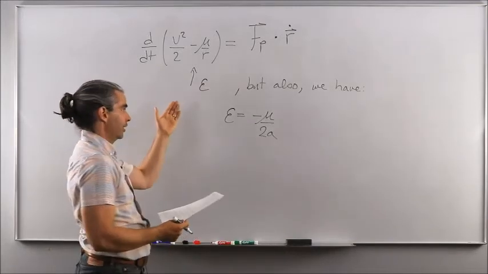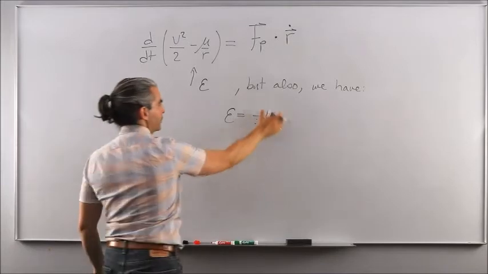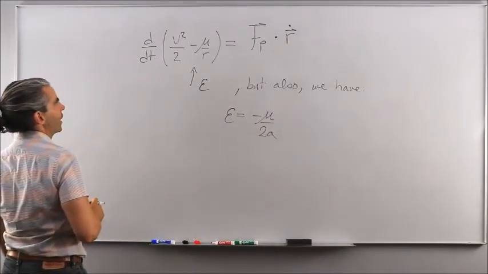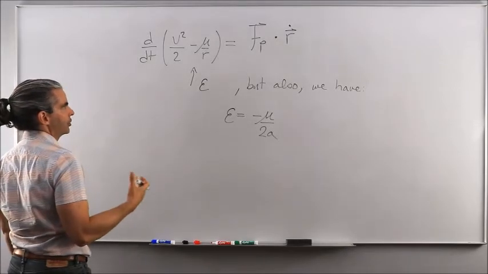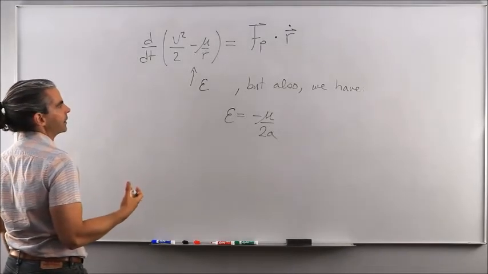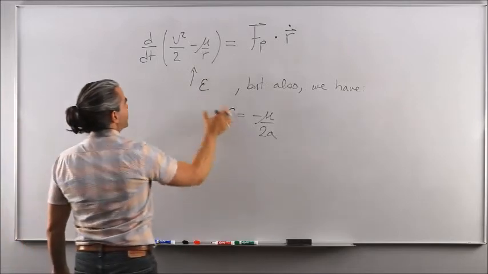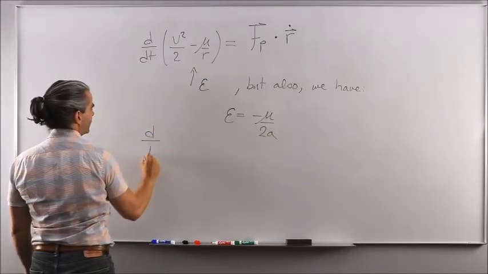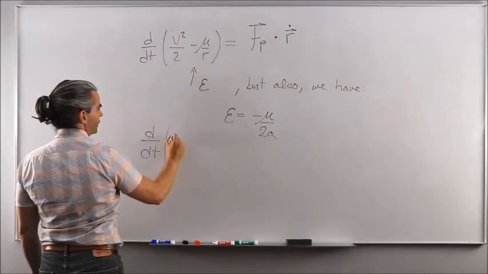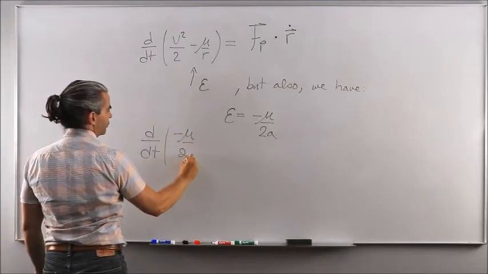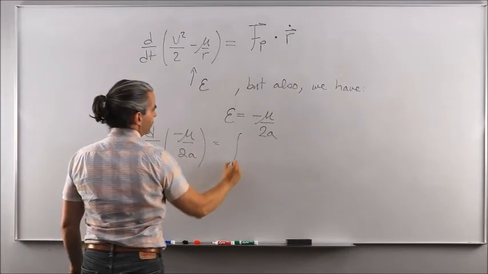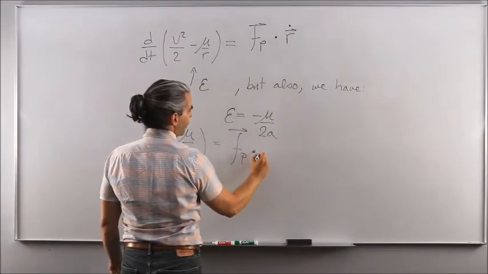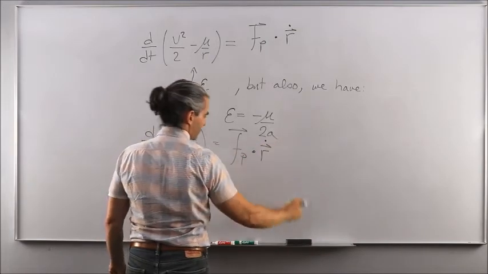Remember our discussion on energy? We had used that expression to derive interesting facts about energy and speed back then. So what I'm going to do is sub out this with minus mu over 2a to write d/dt of minus mu over 2a equal to the net perturbing acceleration vector dot product with r dot.